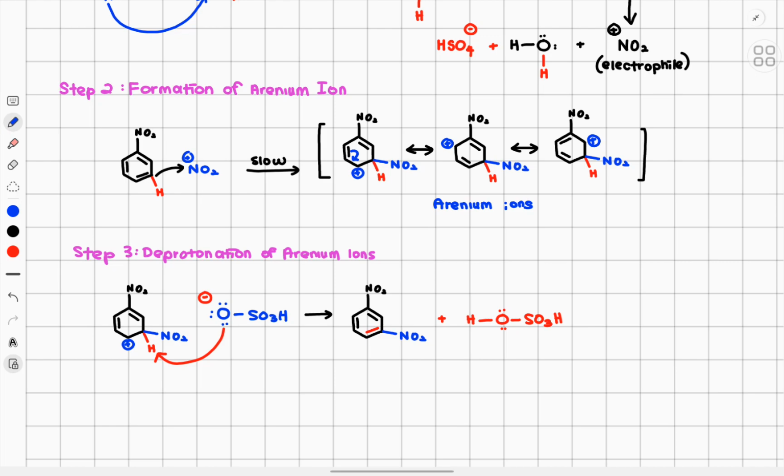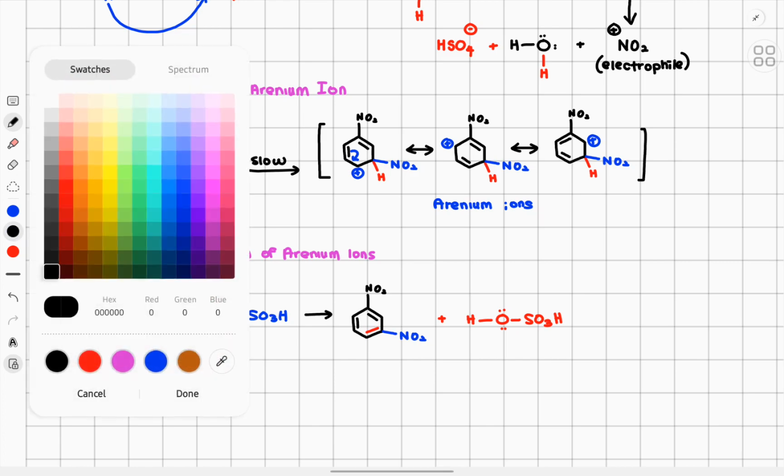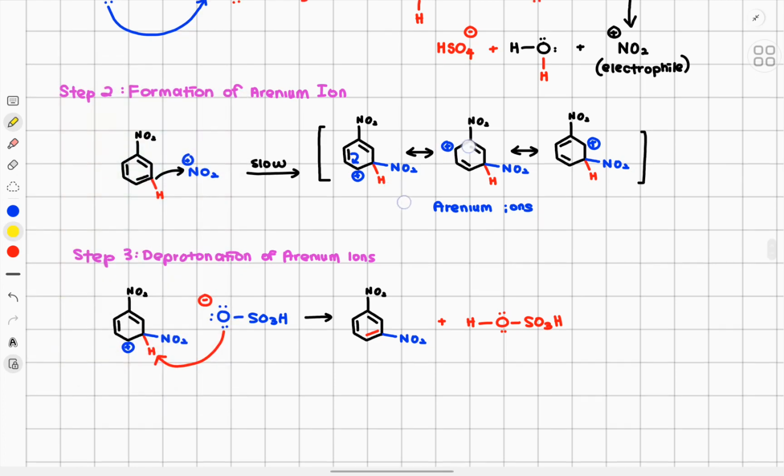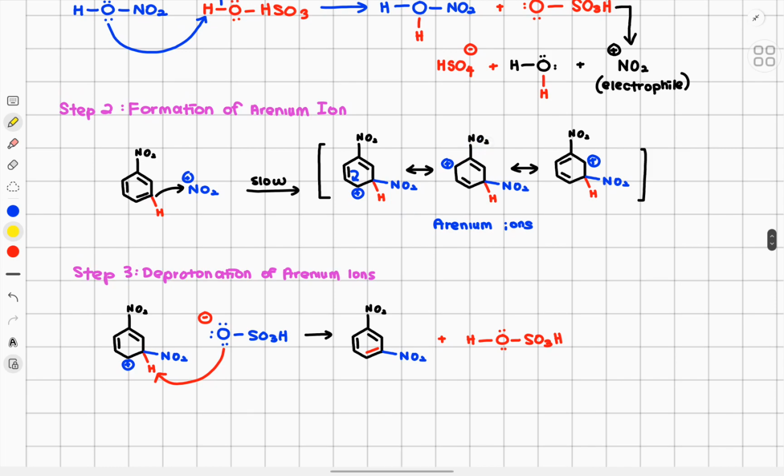The first one is when the NO2 bonds here, there will be no carbon-carbon double bond here. So the plus ion will form here because the bond here is already taken by the H and NO2.